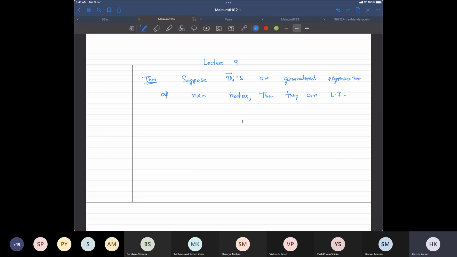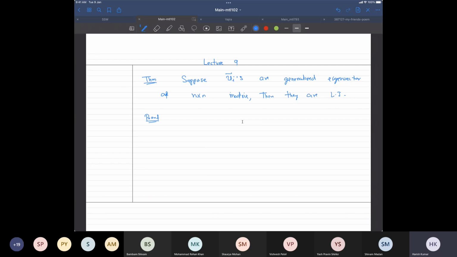Of course, you should immediately realize that if they are generalized eigenvectors corresponding to different eigenvalues, then they will be linearly independent. What we will consider is the case where they are generalized eigenvectors corresponding to the same eigenvalue. Okay, so the proof is fairly simple.